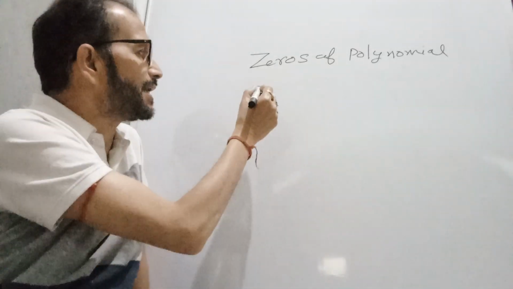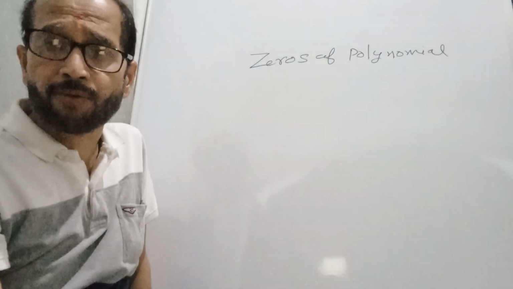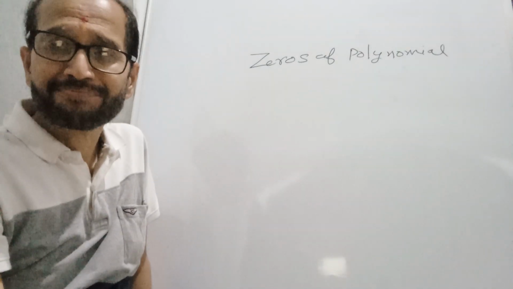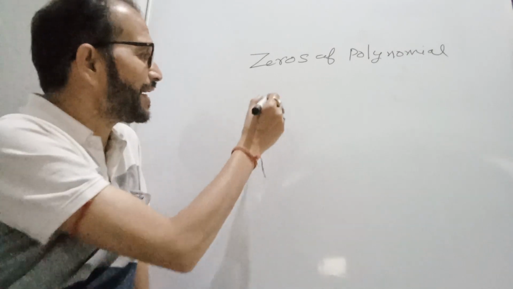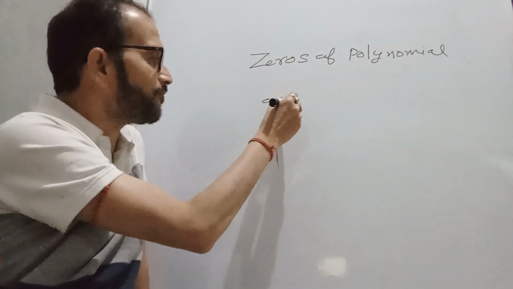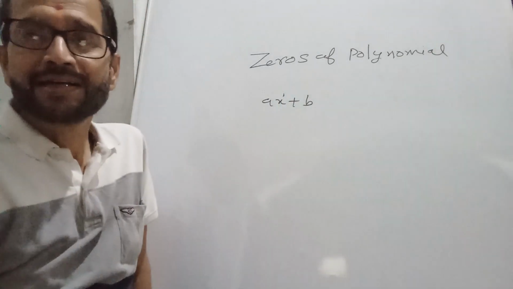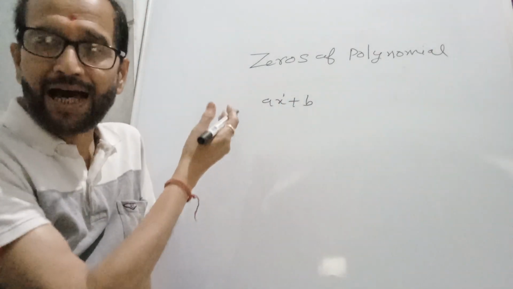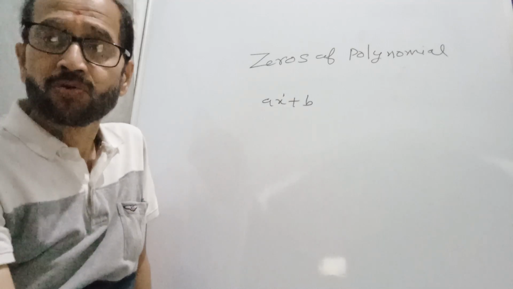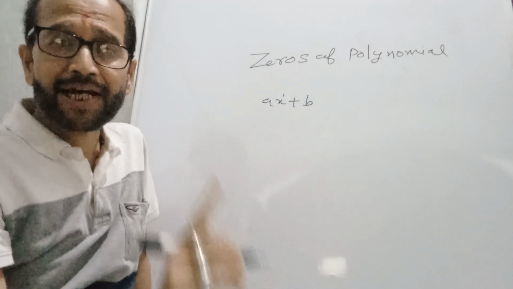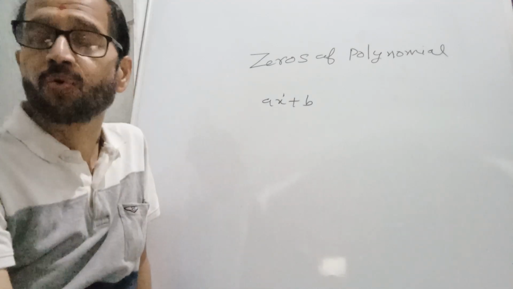If the polynomial is a linear polynomial, meaning the highest degree of variable is 1 here, it will have only one zero.